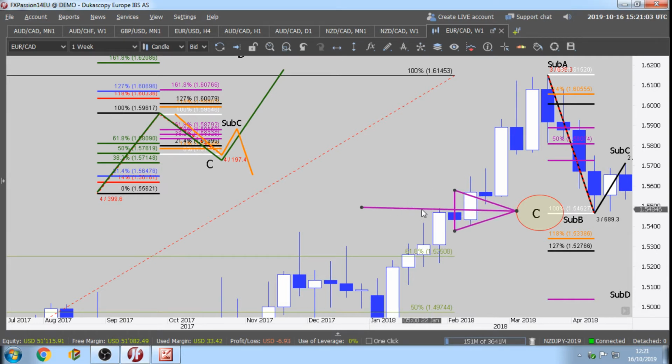Yes, no, maybe? Victor says yes, this is a C. So both of you are right. This is a C. Yes, sir. Yes, ma'am. But it's not a confirmed C. What does this mean?